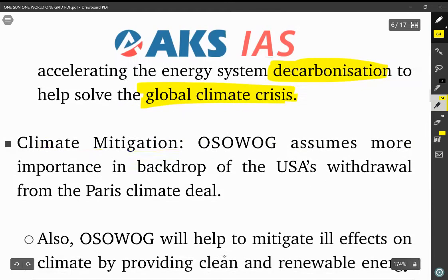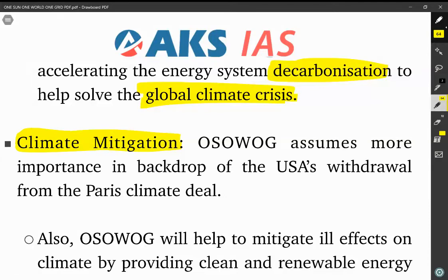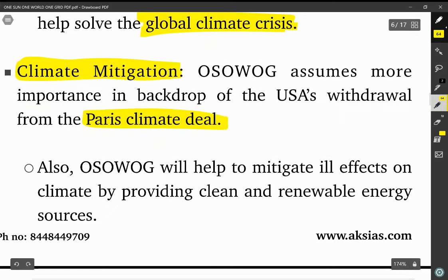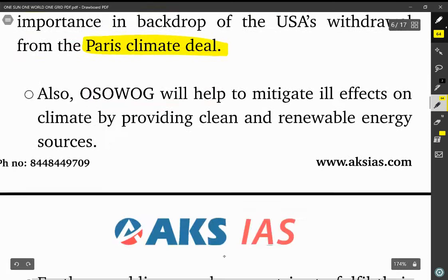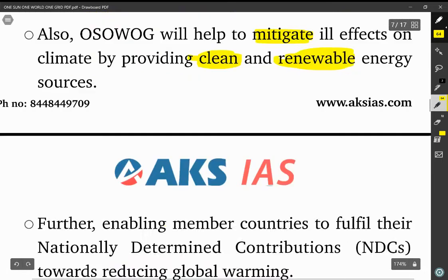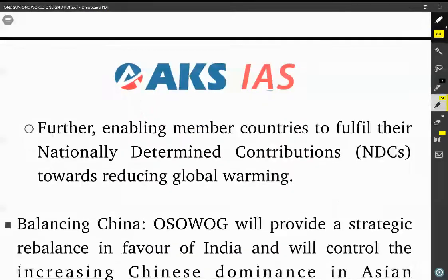Number two, another prospect for India is climate mitigation. This assumes more importance in the backdrop of the USA's withdrawal from the Paris Climate Deal. Also, OSOWOG will help to mitigate the ill effects on climate by providing a clean and renewable energy source, further enabling member countries to fulfill their nationally determined contributions towards reducing global warming.